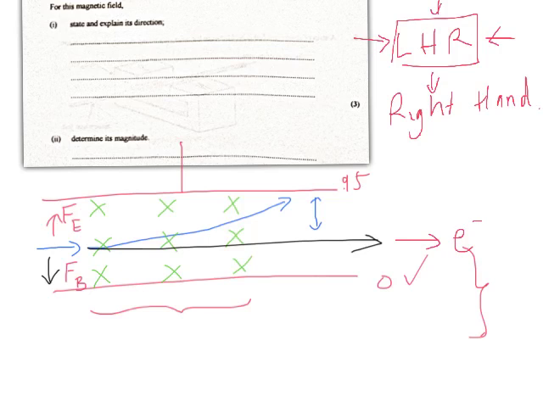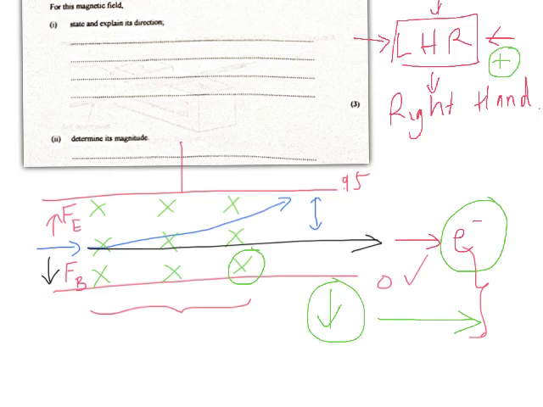Remember, the left-hand rule is used for conventional current, a positive charge. So if we do the reverse and we work it out for the electron, you will work out backwards using the force down, which you figured out from the balance situation, and use the current moving in this direction. You should end up with the answer into the paper.